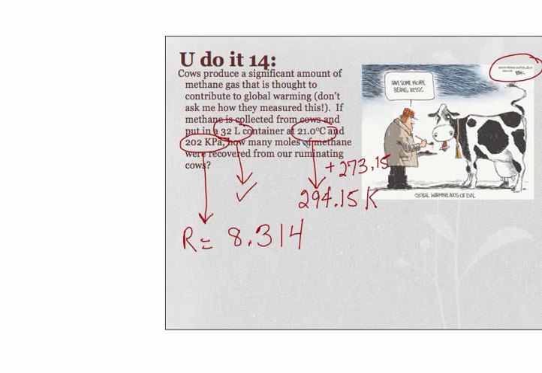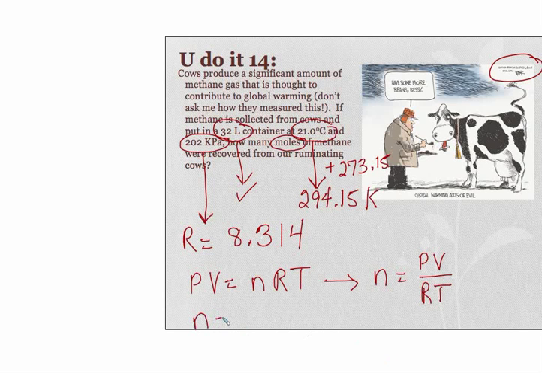Now, since it says how many moles, I know that I'm using my simplest of PV-NERDs: PV is moles times R times T. I'm going to solve that little literal equation for moles: moles are equal to pressure times volume over gas constant times temperature.